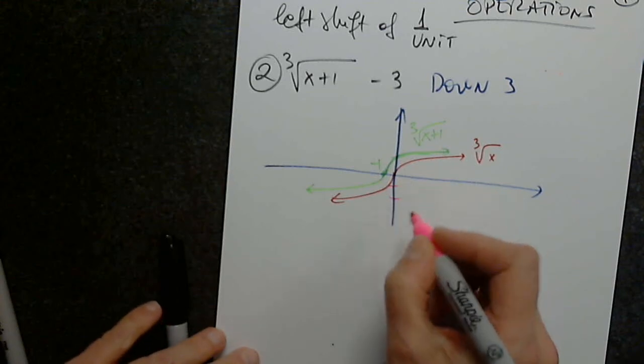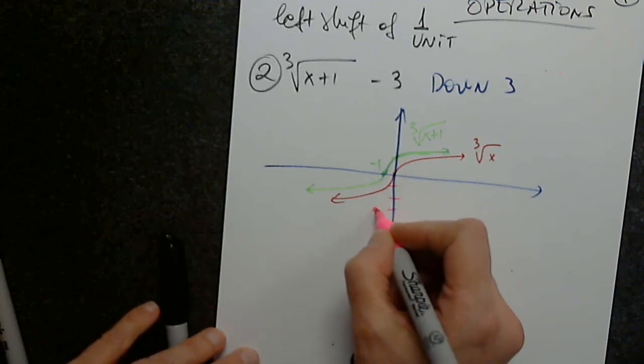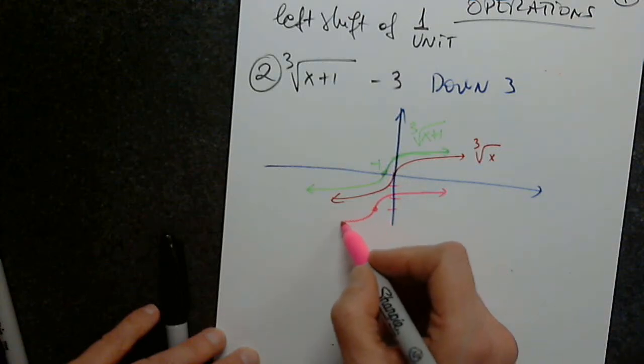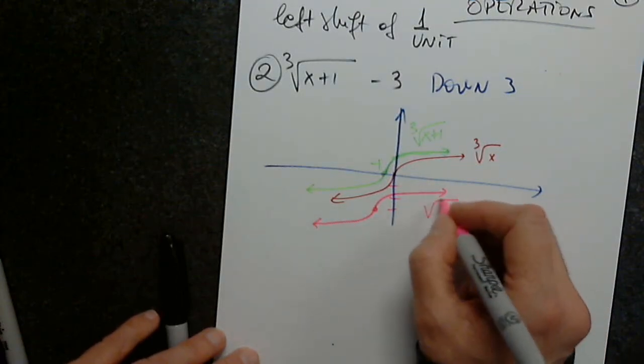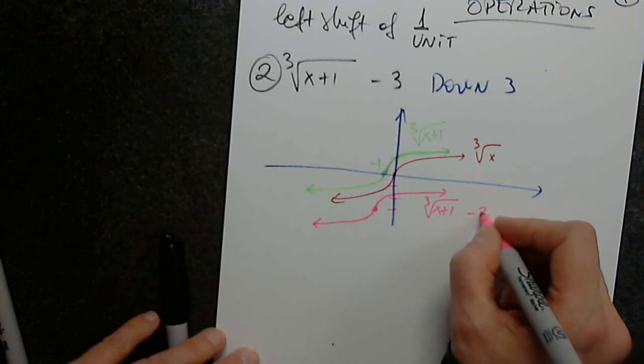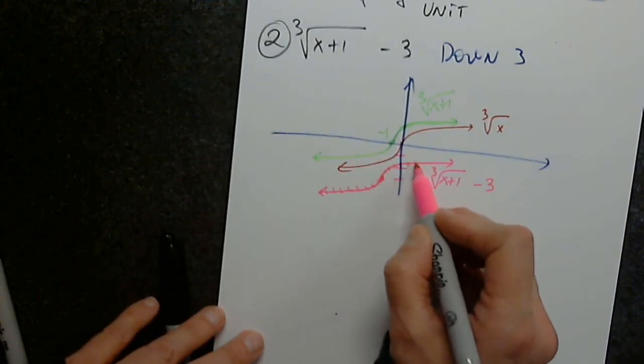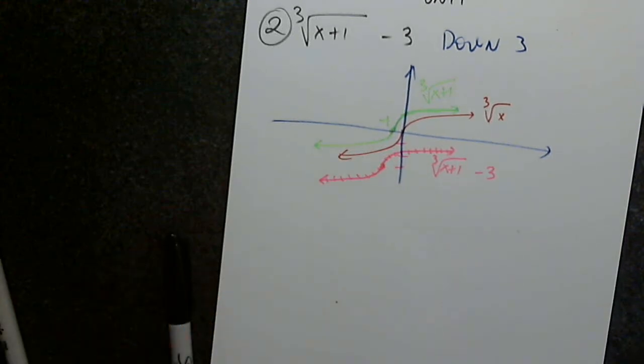Okay, no problem. So this is the graph of the cube root of x plus 1 minus 3. So when I have several transformations, I like to do this just to signify that that is the final graph, so there is no confusion and you see it clearly. Is this okay? So far, so good? Okay. Moving on then.